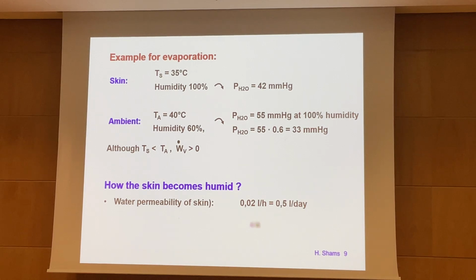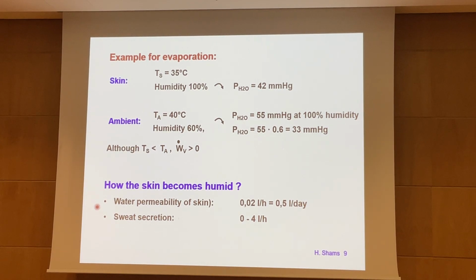In a day, it is about 0.5 liter per day, the water that we evaporate from the surface. But if we start to sweat, then we can produce up to 4 liters of sweat in 1 hour.